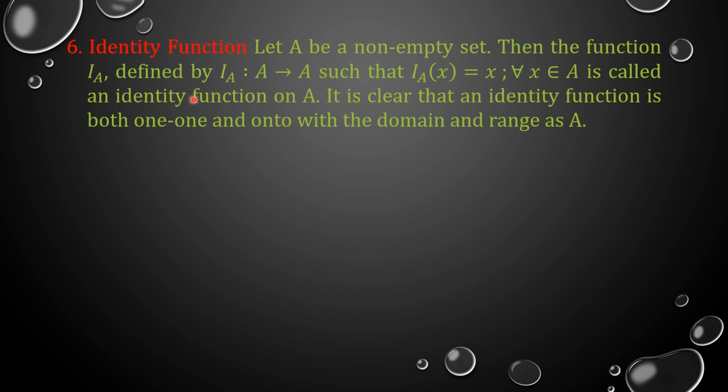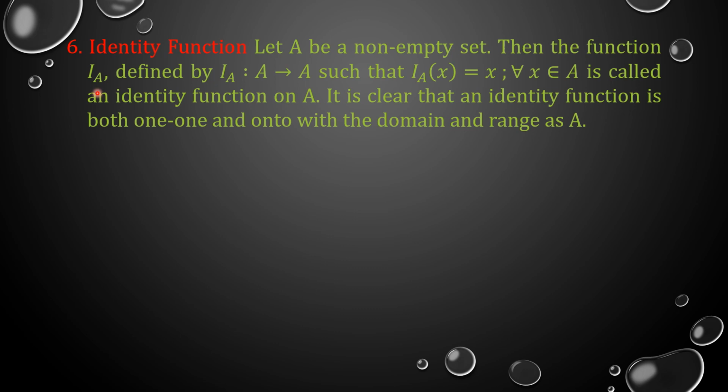So you see that identity function is denoted by IA. This A is written as suffix of I. What is A here? A is nothing but the domain of the function. If the identity function is defined on the set A, then you are to write IA.